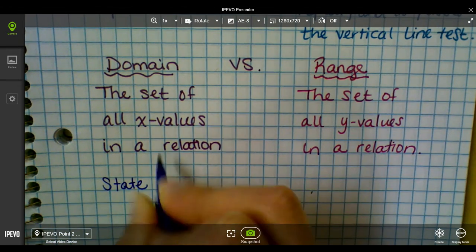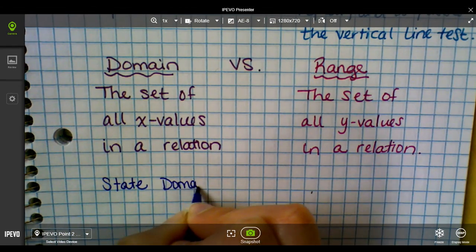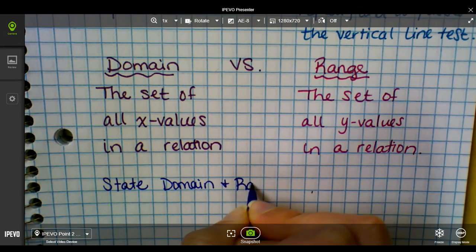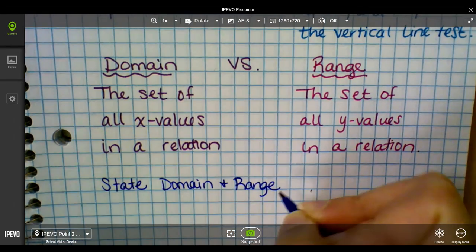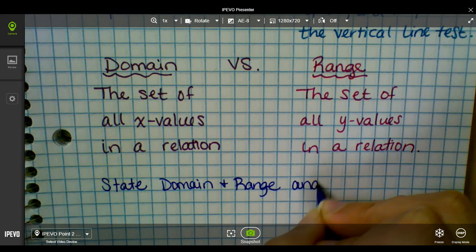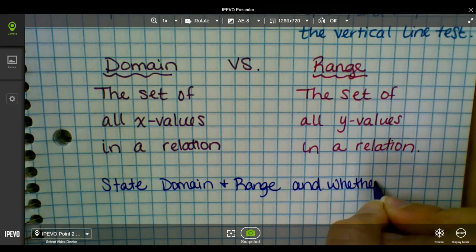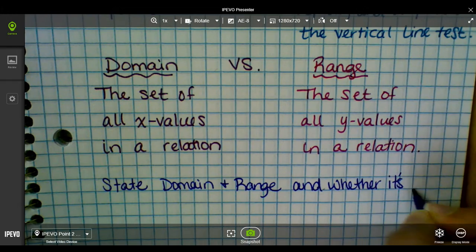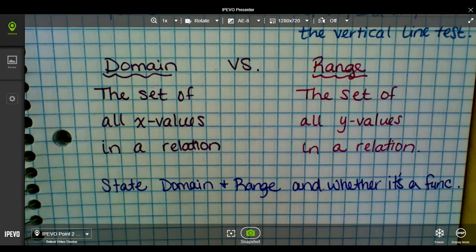So our first example is going to be state the domain and range, and whether it's a function. I'm just going to abbreviate it, func. Okay. All right.